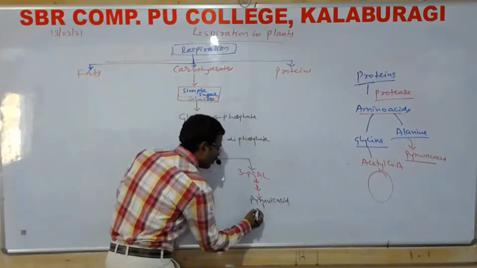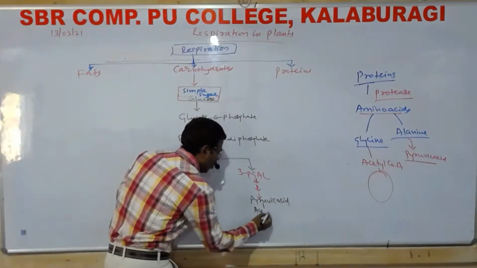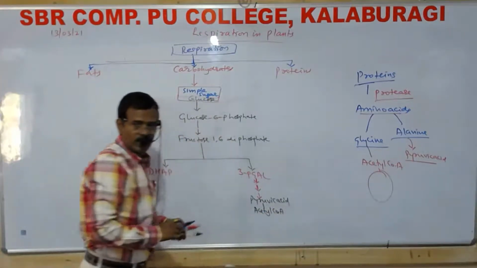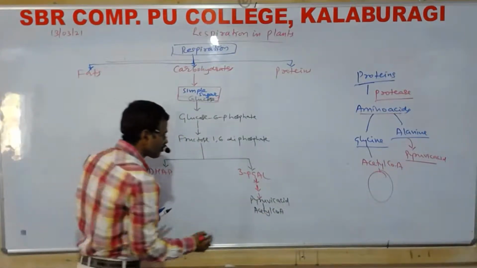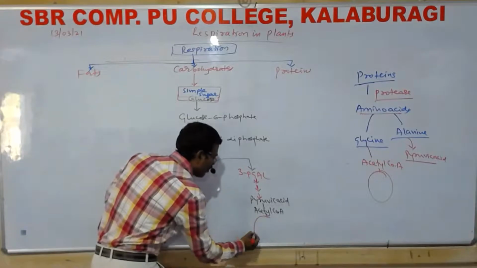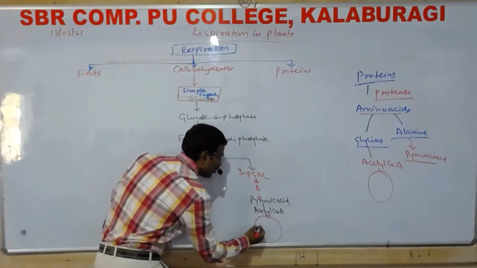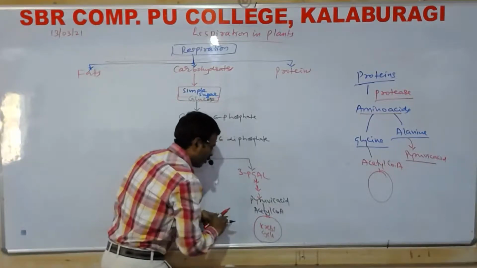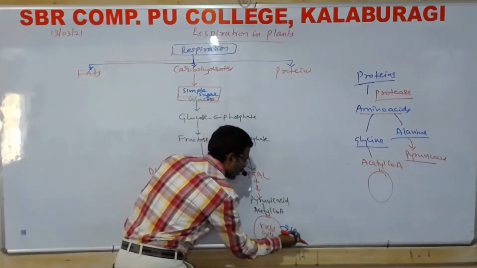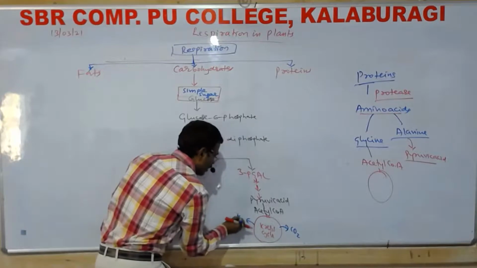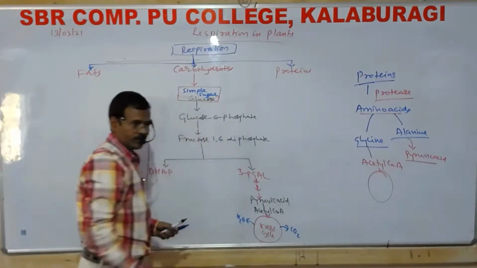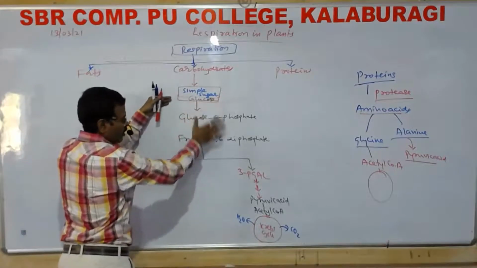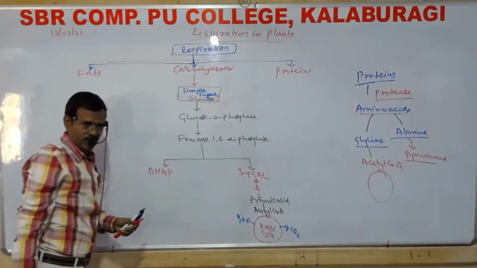This pyruvic acid, after the preparatory step, is converted into acetyl coenzyme. This acetyl coenzyme, where does it enter? Krebs cycle. When the Krebs cycle occurs, it is completely decarboxylated into carbon dioxide and water. So that is normal if glucose or sugar is used as respiratory substrate.